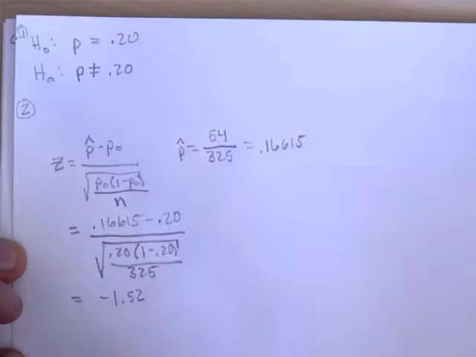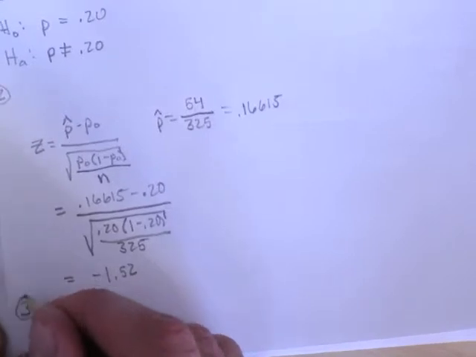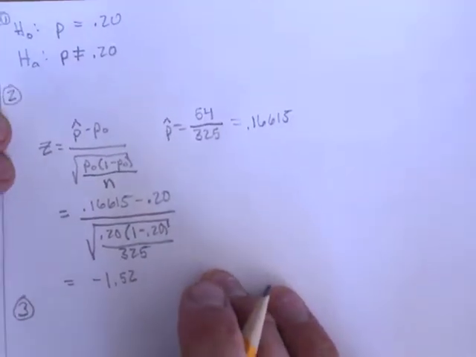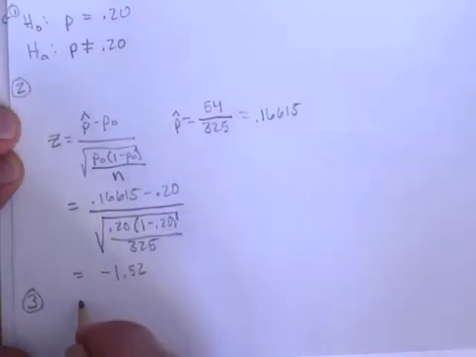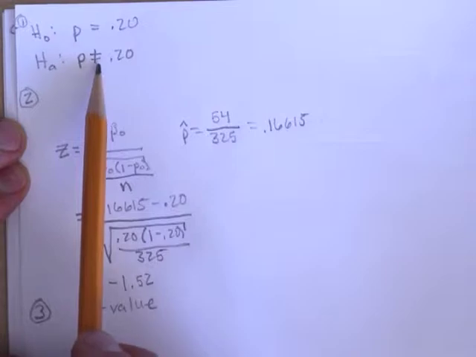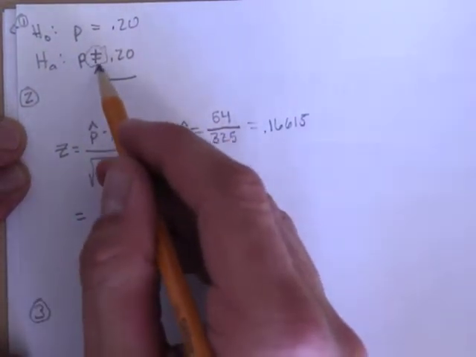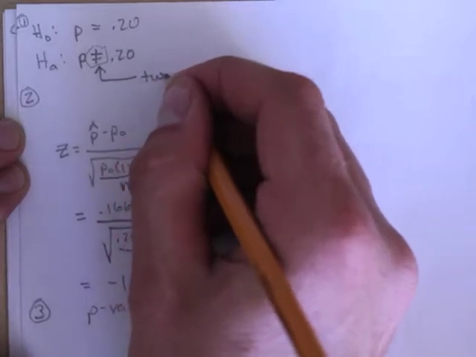So then in step 3 of our hypothesis test, we want to look up the p-value here. And the p-value, if we go back up here to step 1, we saw it was a not equal, and that tells us that we are looking for a two-sided p.